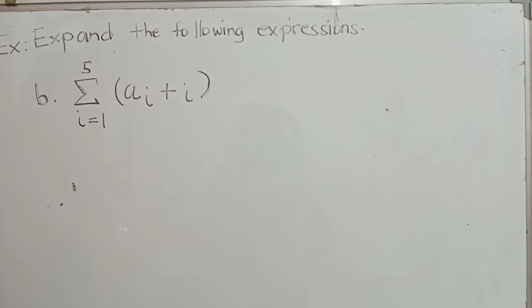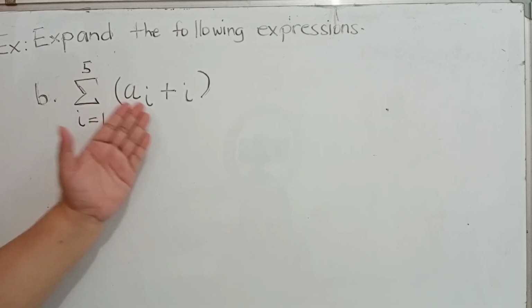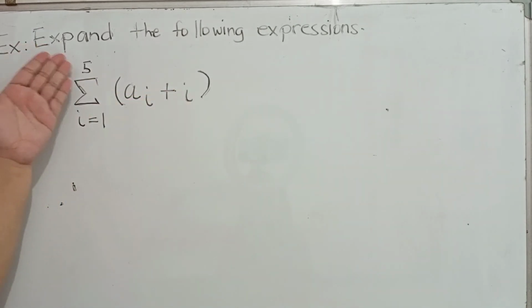This will be our answer if we're going to expand this expression. Okay, let us have another example. For example, this is our given: the summation of the quantity of a sub i plus i from 1 up to 5.